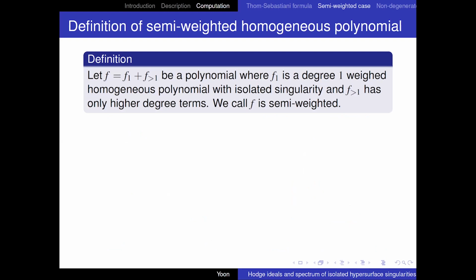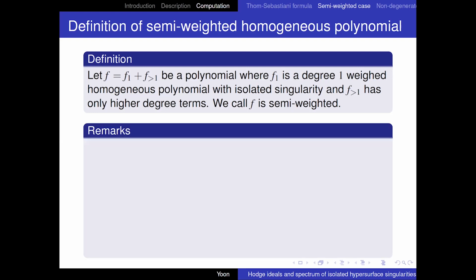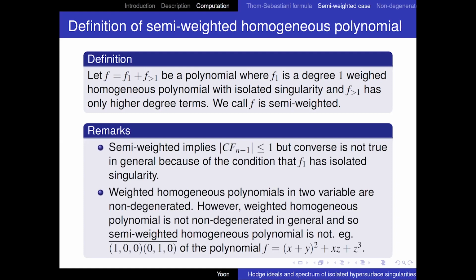All right. So let's go to the formula for semi-weighted homogeneous polynomials. Actually, Seung-Jo in the second talk yesterday already introduced it, so I will not give the definition, but let me just remark a few things.